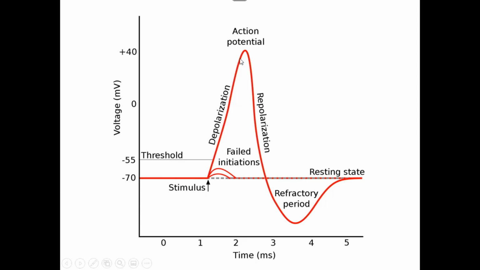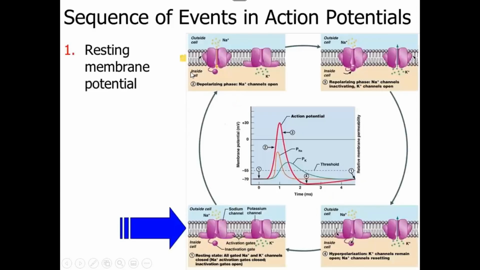It reaches an overshoot of 30 to 35, the electrical gradient reverses, the sodium channel closes, the potassium channel opens, and potassium efflux causes repolarization. When the membrane is negative, below the threshold, the sodium potassium pump opens again and establishes your resting membrane potential.